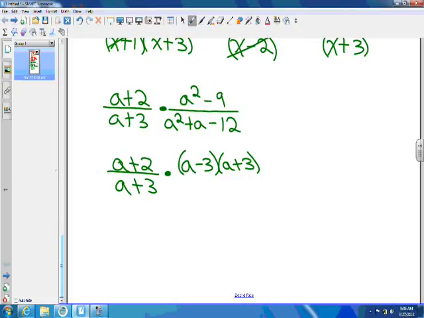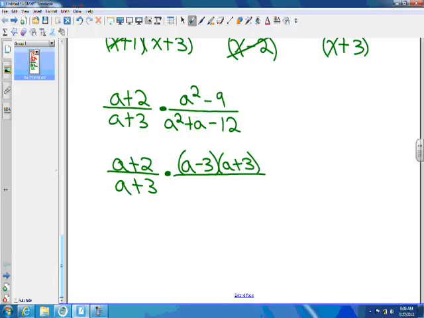What's in front of your A squared? A 1. What's your B? 0. There is no B. So you make B 0. What's C? Negative 9. And it tells you your factors are x minus 3 and x plus 3. So you can still use quad 3 even for difference of squares. That one is way longer. You should be able to see that and automatically know what your factors are.